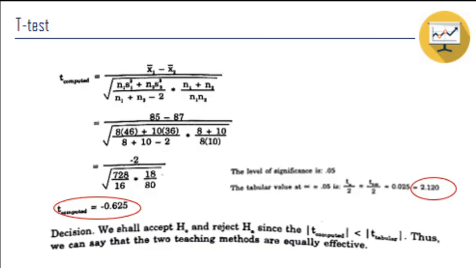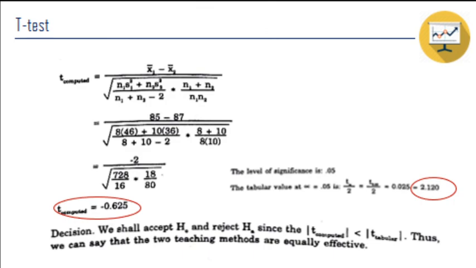Thus, we can say that the two teaching methods are equally effective. Kasi nga, i-accept natin yung null hypothesis, yung mu1 is equal to mu2. Ang ibig sabihin kasi nun, there is no significant difference. Meaning, magkasing effective lang yung dalawang teaching methods.